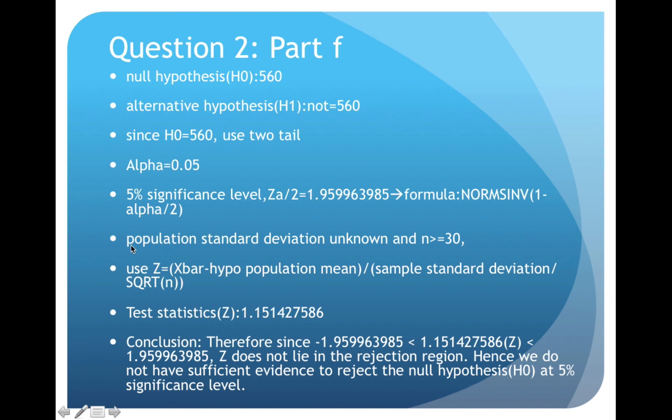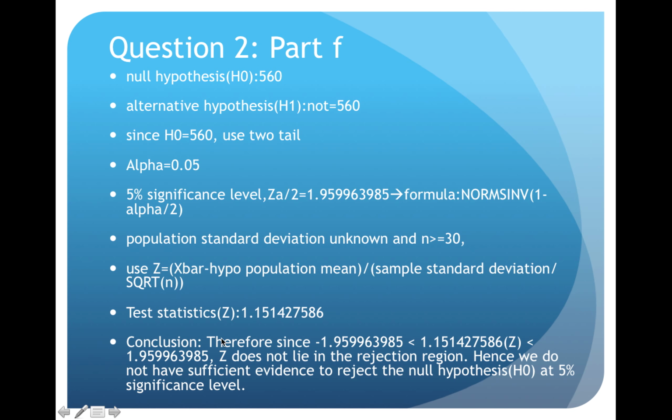After that, you have to find the statistics. However, since the population standard deviation is unknown and n is more than or equal to 30, we use this formula right here. And after that, we'll find our test statistic, also known as our z.